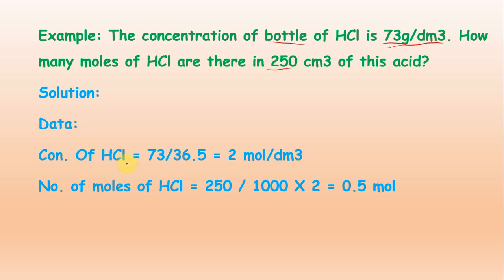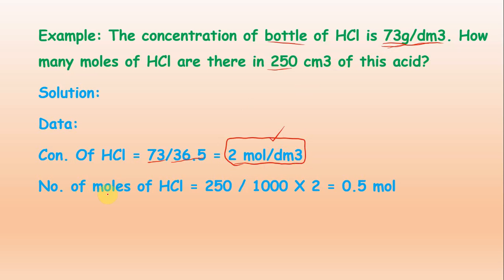Concentration of HCl is 73 gram per dm cube, the mass, and we divide it by the molar mass, that is 36.5 of HCl. This gram per dm cube concentration given in the question is now converted into mole per dm cube: 2 mole per dm cube concentration.